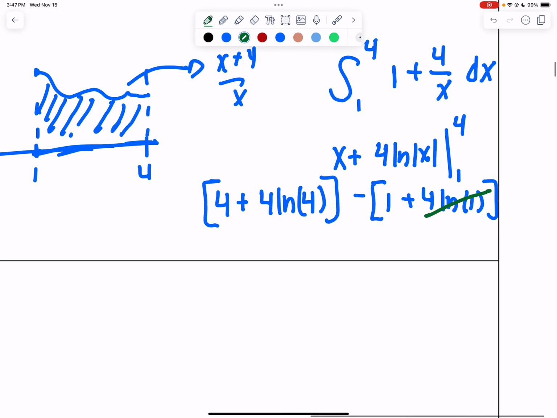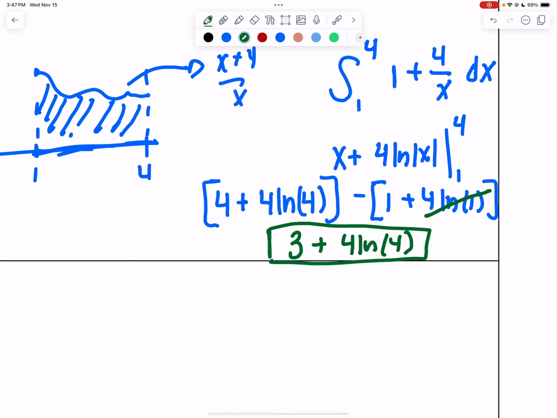Which means I'm left with 4 plus 4 ln of 4 minus 1, or 3 plus 4 ln of 4. Once again, if you don't see this answer, it's probably because the 4 got raised as a power. So if you see 3 plus ln of 256, then that's why.